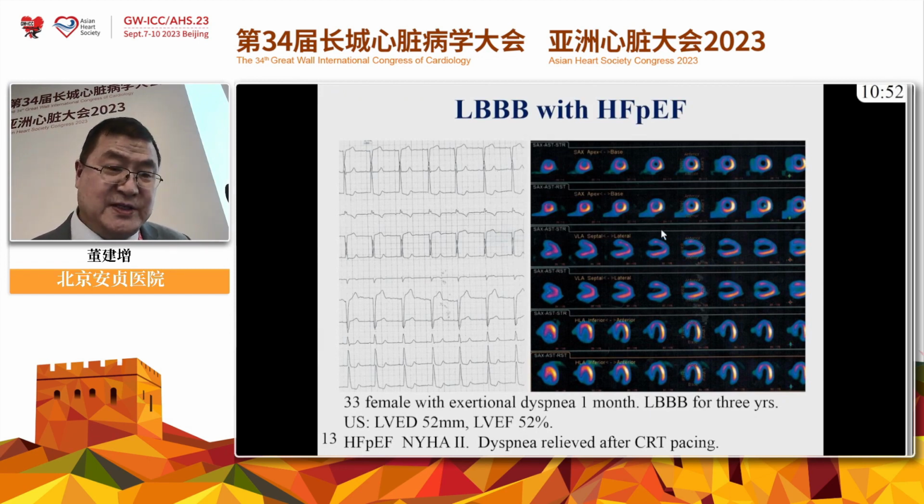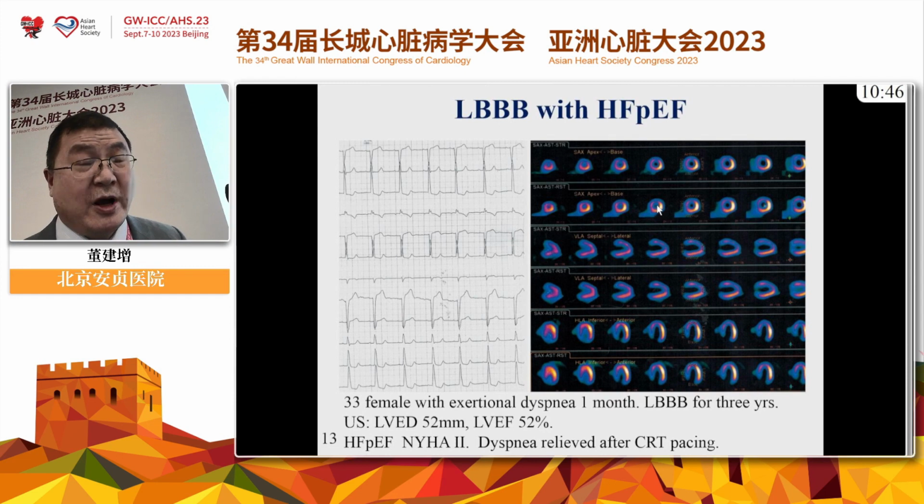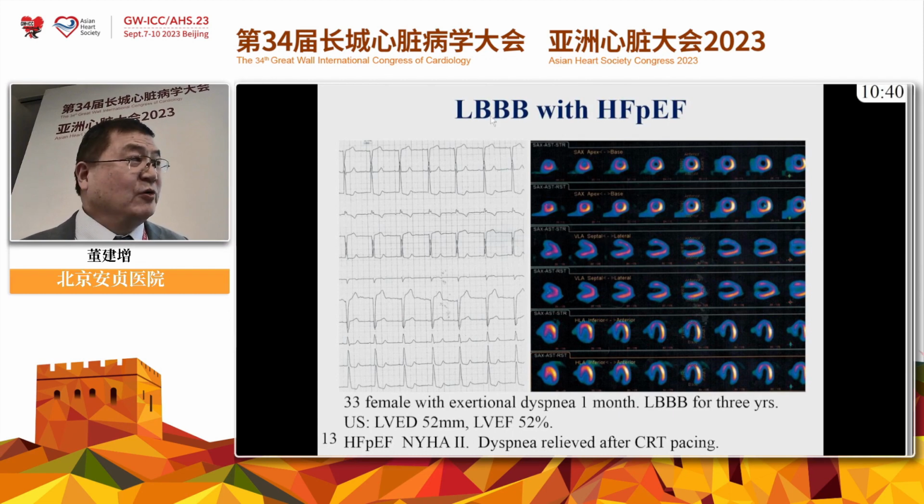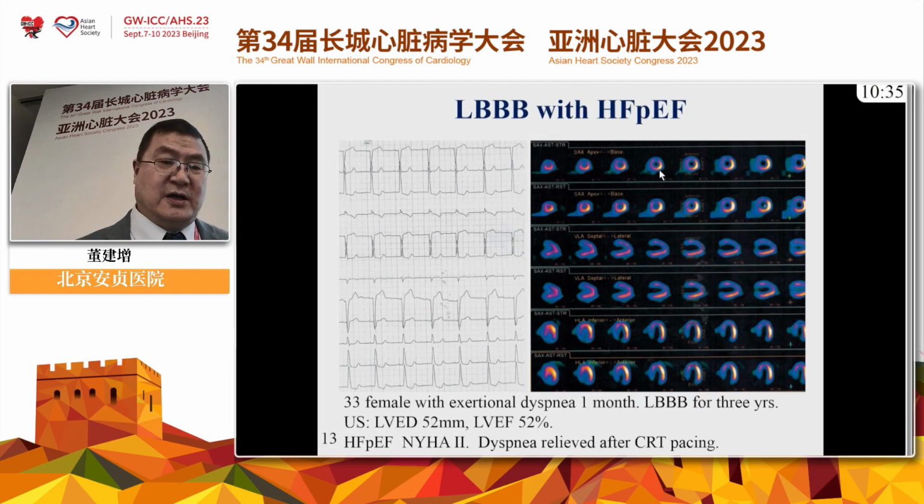The SPECT imaging showed a perfusion defect at the anterior septal wall, like severe ischemia. In fact, it's not ischemia, it's left bundle branch block induced atrophy at the septal wall.